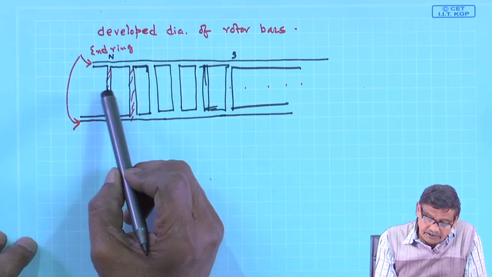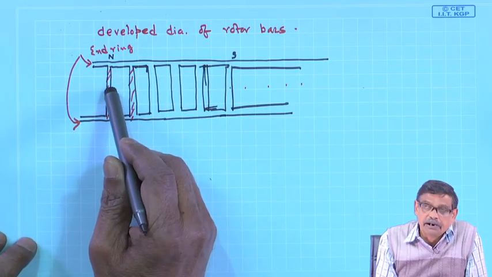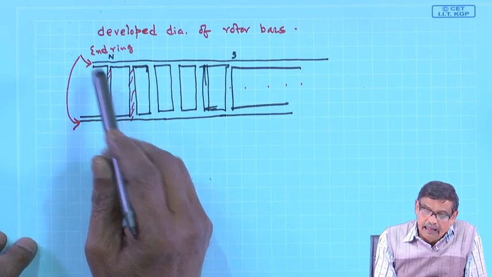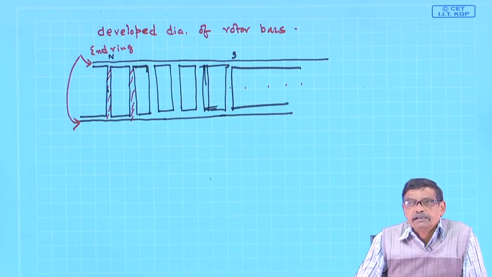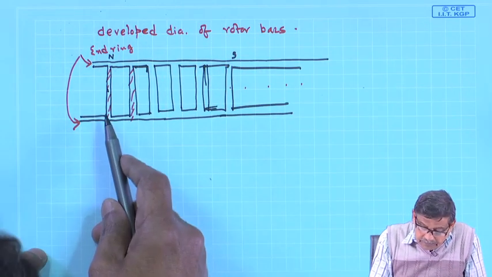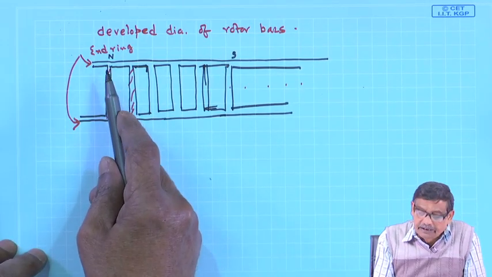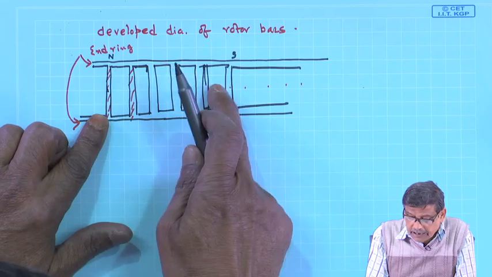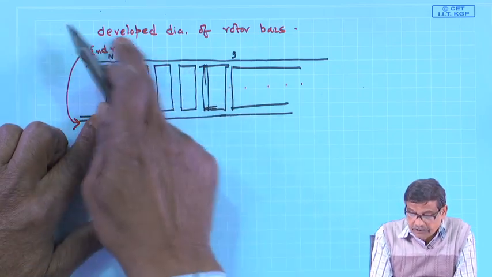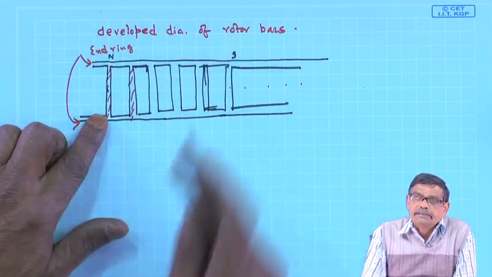The induced voltage of this bar will be BLV, and in whichever way it has been decided by the stator coils, it will have that polarity of the voltage. And there you will find another bar which is 180 degrees electrical apart, after the south pole, another bar exists.